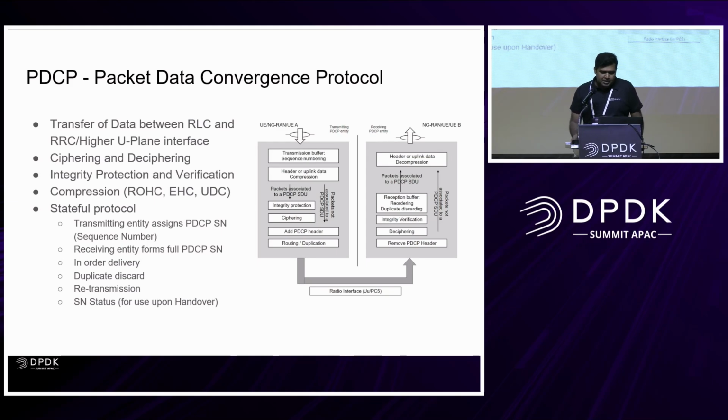The diagram on the slide is a rough summary of the tasks that PDCP protocols perform. This is coming from the 3GPP spec, and that's a rough summary of how the PDCP actually operates.